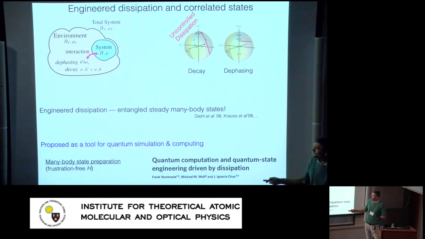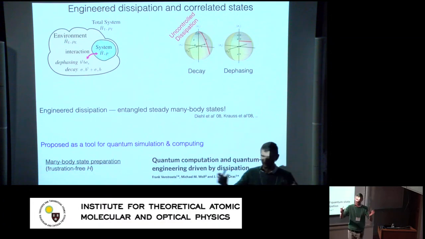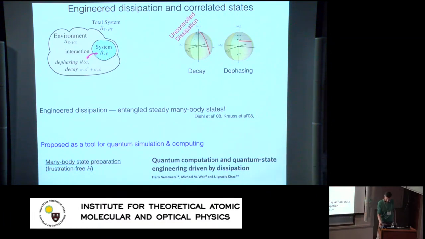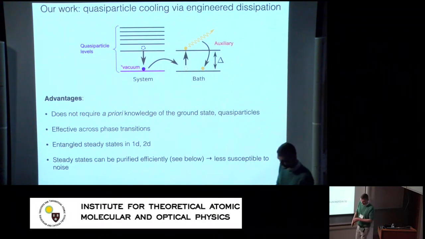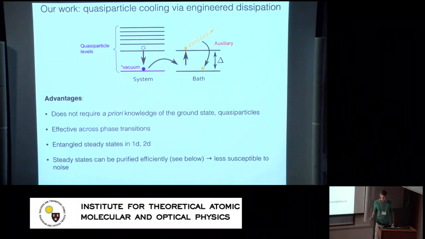There have been a number of proposals on preparing many-body states for frustration-free Hamiltonians, where you can cook up dissipators which would locally decay to the ground state. Now we wanted to explore something different. We wanted to study Hamiltonians which are generic and not frustration-free. The intuition was that we want to use the notion of quasi-particles and use auxiliary qubits in such a way that they would remove quasi-particles from the system.